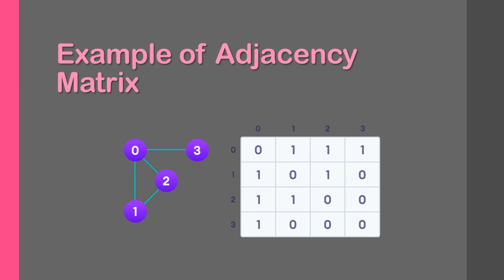Since this is an undirected graph, for edge 0 to 2, we also need to mark edge 2 to 0, making the adjacency matrix symmetric about the diagonal. So edge lookup, that is checking if an edge exists between any two vertices, is extremely fast in adjacency matrix representation, but we have to reserve space for every possible link between all vertices, so it requires more space.